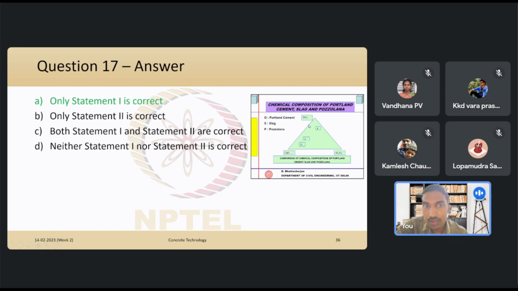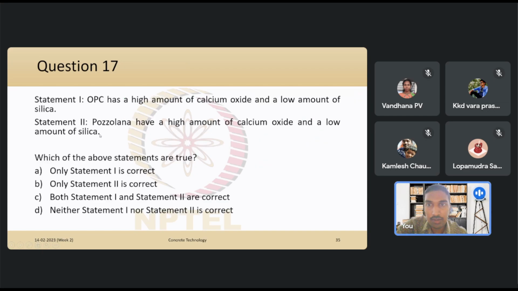The other one in question is the pozzolana, which lies here in the triangle, with a lower CaO content. It is away from that vertex and closer to the vertex representing high silica. That's why CaO is higher and SiO2 low in OPC, whereas pozzolana is high in SiO2 and low in CaO. So statement 2 is wrong and statement 1 is right.